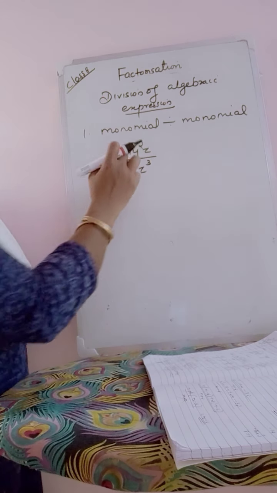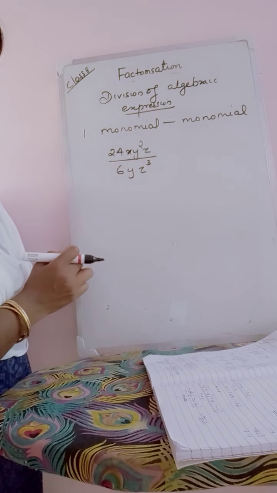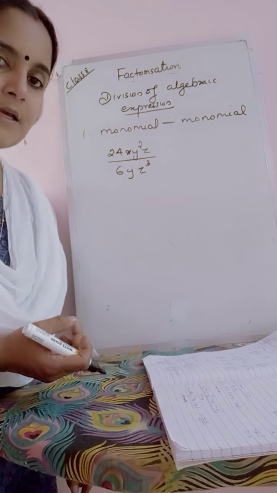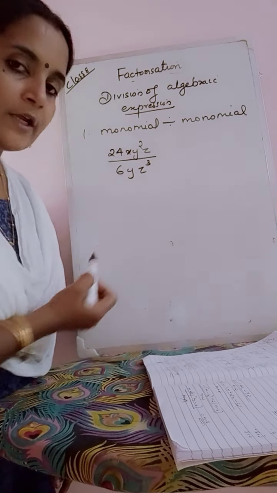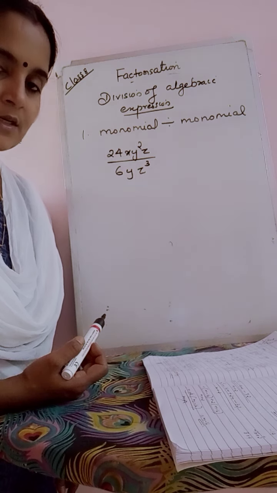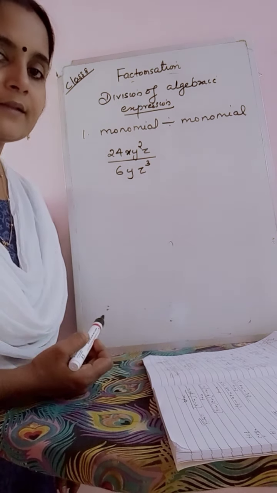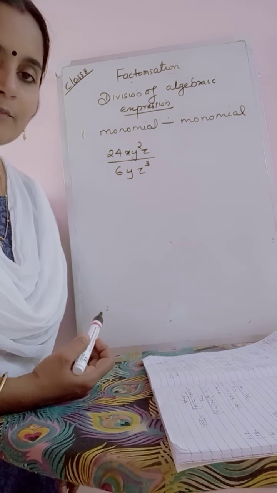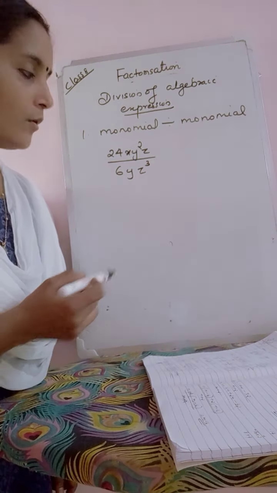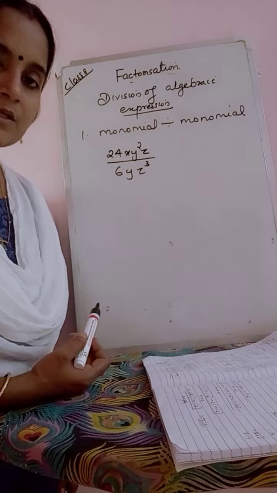Okay, here in the numerator we have a term containing different variables and a constant. Similarly, in the denominator also we have constants and variables. That is a monomial by another monomial. In this type of problem, we can cancel the common numbers.